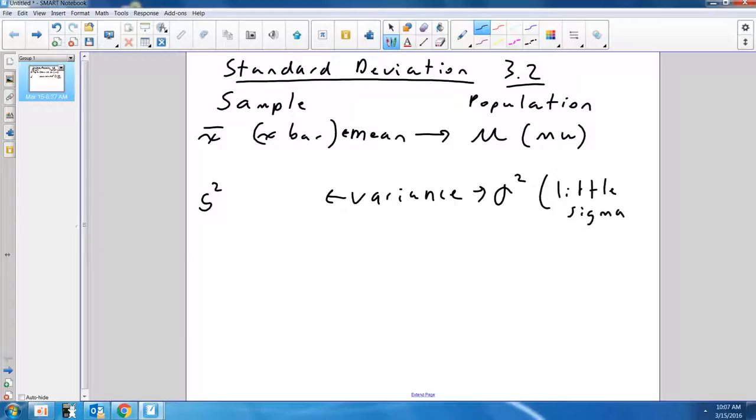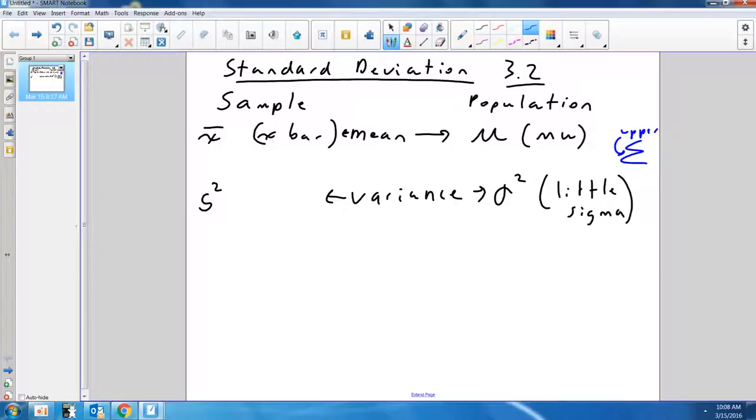The name of that symbol is sigma. The uppercase one is this, but this one is going to be lowercase, just like we have capital letters and lowercase letters. So when I say little sigma, we're talking about that symbol right there.